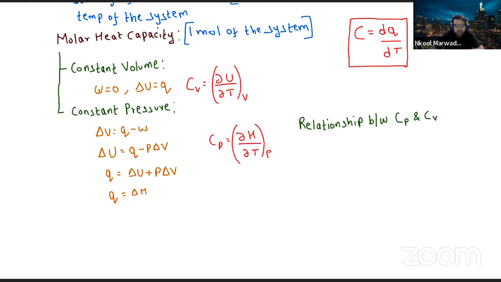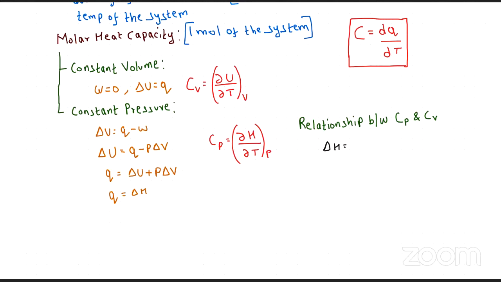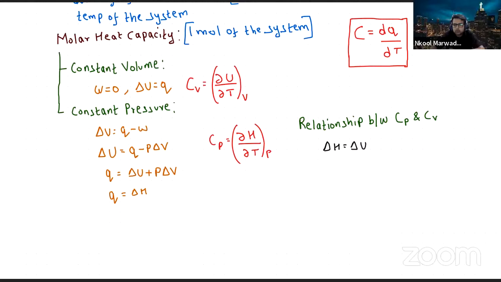Let us do this. Okay, relationship. We know that delta H is equal to delta U plus delta P into V.